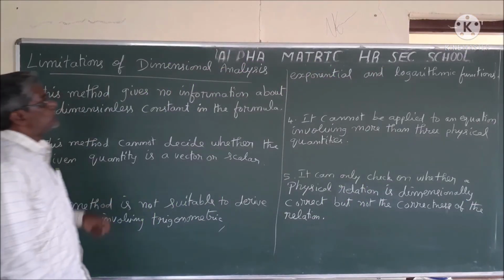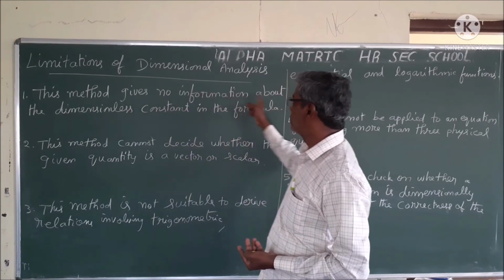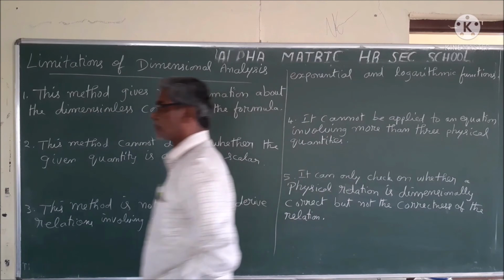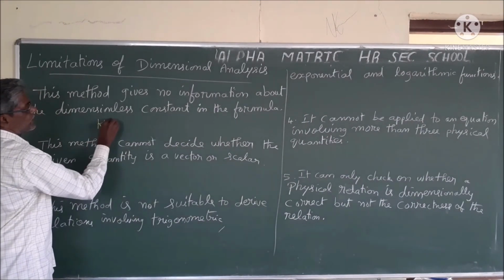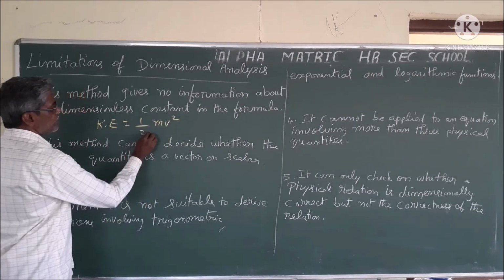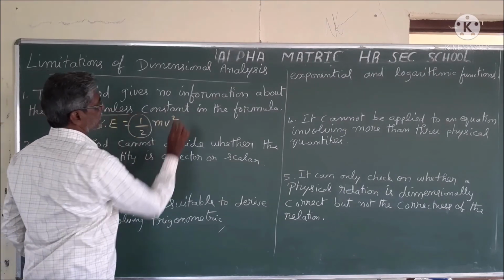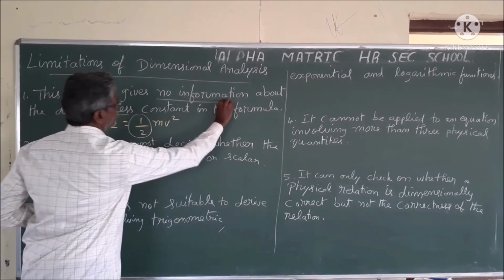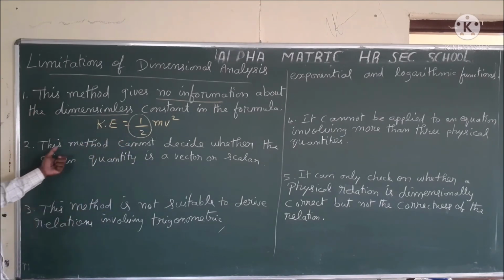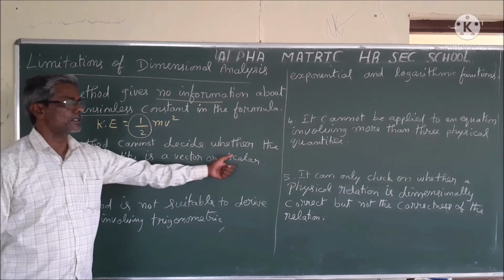So next we will see the limitations of dimensional analysis. This method gives no information about the dimensionless constant in the formula. For example, if I take kinetic energy equal to half m v square, it does not give any information about the constant. Next, this method cannot decide whether the given quantity is a vector or scalar.